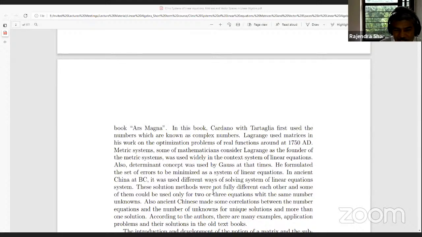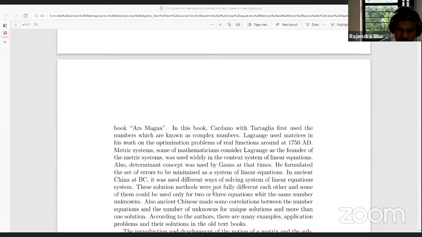The ancient China, as I said before Christ, used different ways of solving systems of linear equations. The solution methods were not fully different from each other, but yes, they have shown that it could be used for 2 or 3 equations with the same number of unknowns.